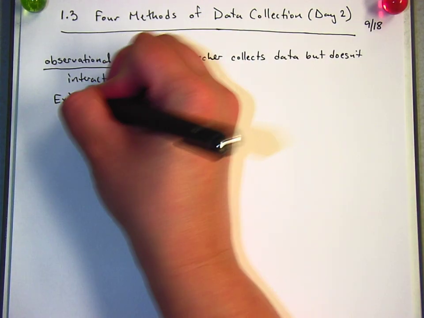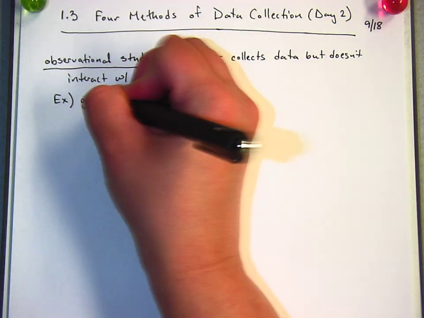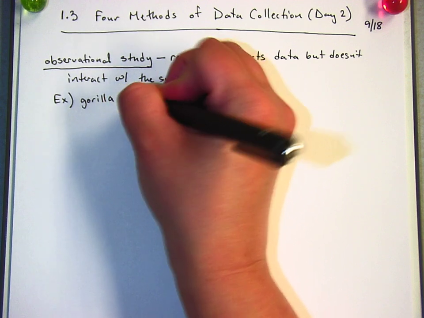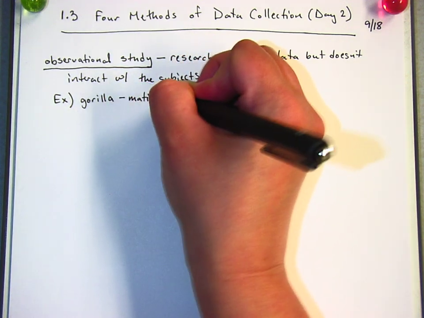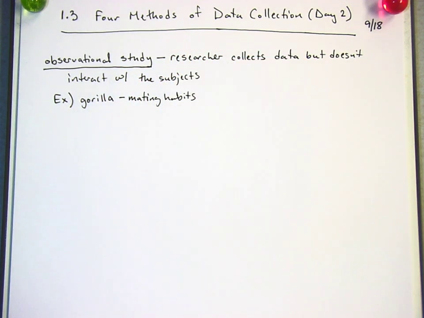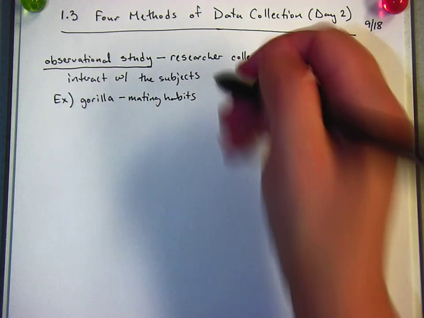One, let's suppose we wanted to know the mating habits of gorillas in the wild. We definitely wouldn't want to get involved in that. We would just want to observe and make notes. That's what an observational study is, not interacting at all with the subjects, just seeing what naturally happens.